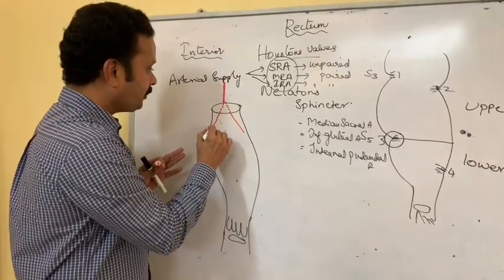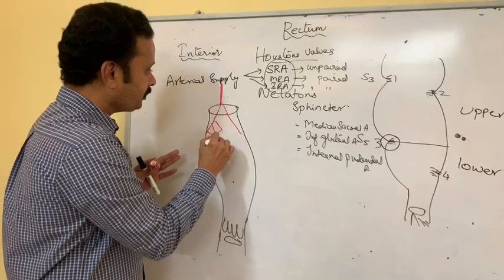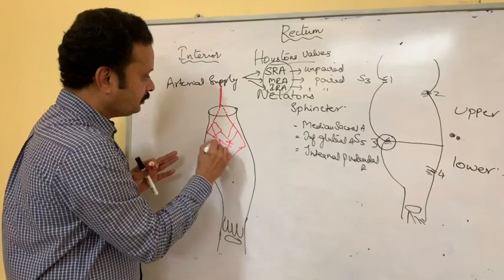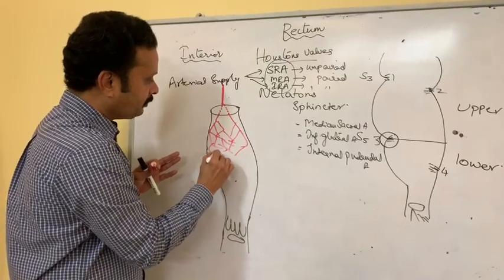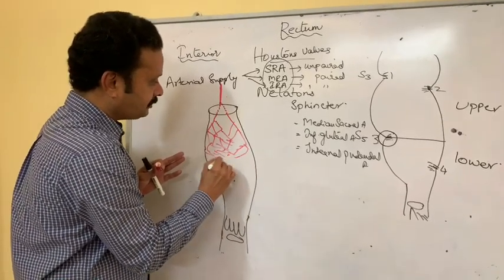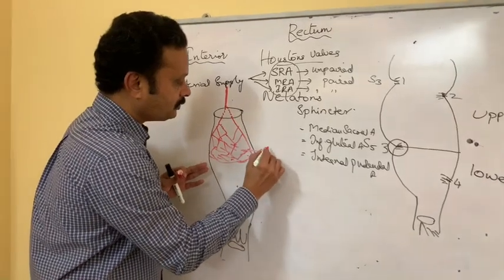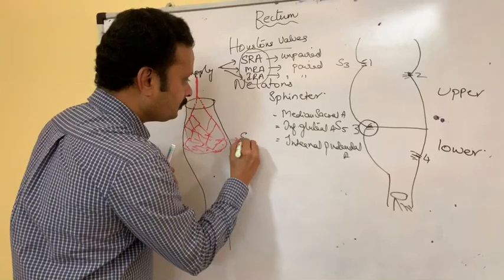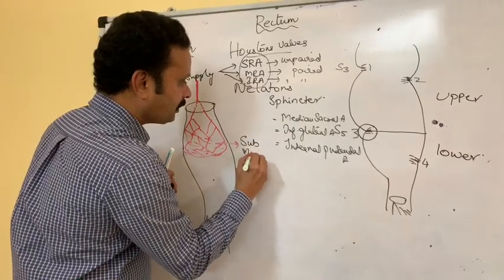These right and left branches further give off numerous branches, thereby forming a plexus within the submucous coat. This is the submucous plexus.